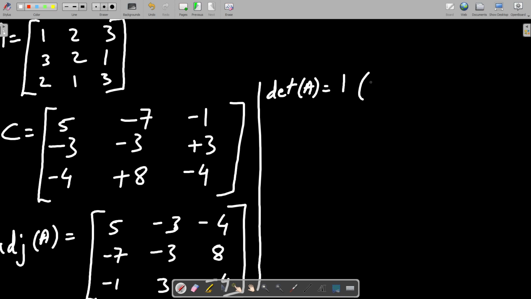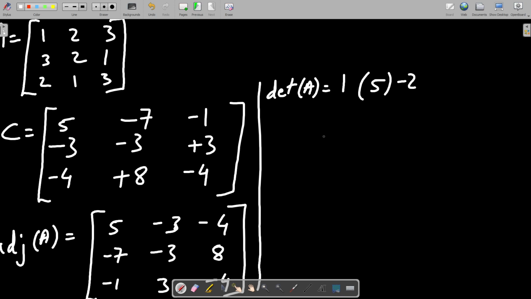By the way, when you are calculating this determinant, the entries are already calculated here: 5, 7 and 1. You will realize that if you do this calculation, the number is this only. Then here you have minus 2.